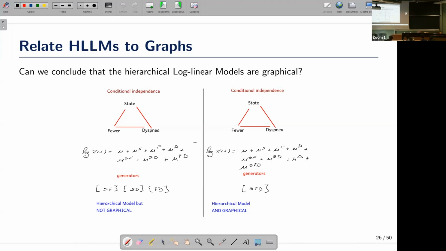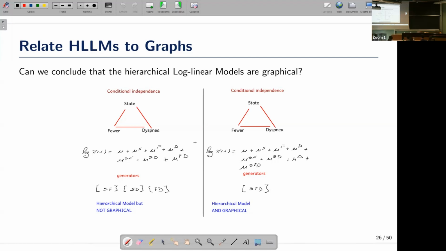Now, what I said is the generator of the hierarchical model. What is the generator? It's given by F, S, and D, right? What is the clique? F, S, and D. So now they correspond, right? So this model here is hierarchical and is graphical.